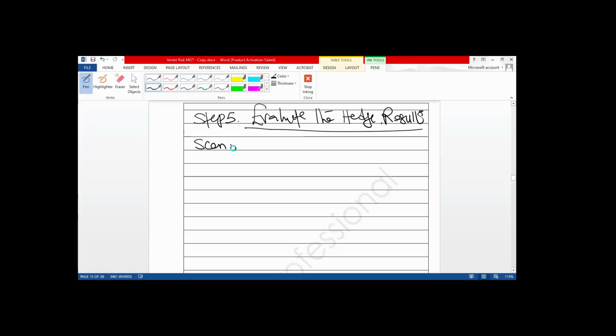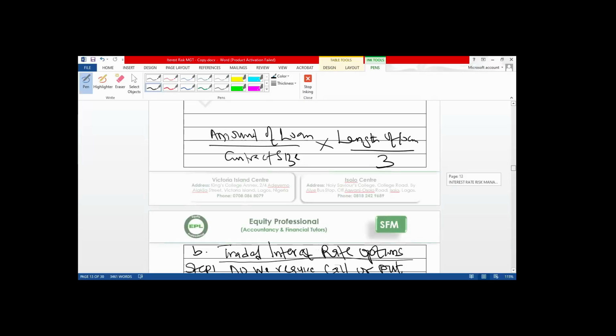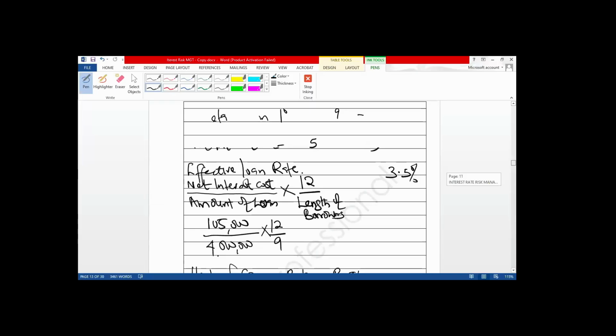In this question, we have 2 scenarios. For requirement B, you have 2 scenarios. Scenario 1 and scenario 2. You have your cash market. Your cash market is where you are going to borrow money. That is the money market.